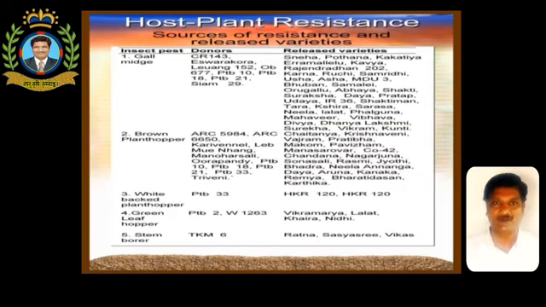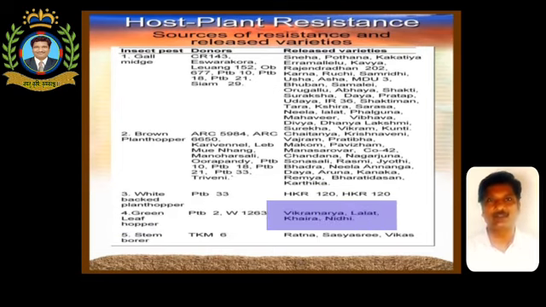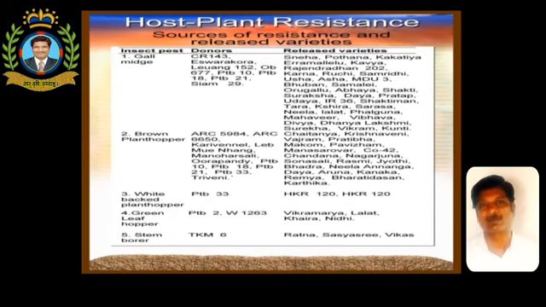In case of white backed plant hopper, mostly the HKR series of 120 is preferred, whereas in case of green leaf hopper, varieties such as Kaira, Nidhi, Vikramaraya are preferred for controlling the pest.